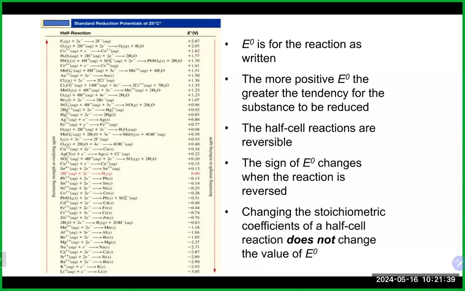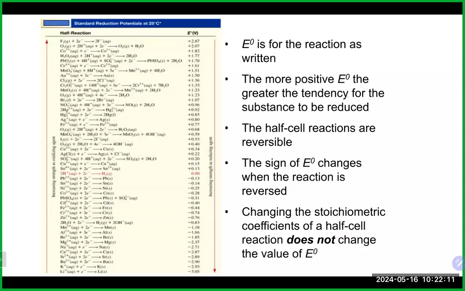The more positive E value that you find on this table, the greater tendency for that substance to be reduced. So sometimes in problems, they frankly don't tell you what's going on. They just say, hey, you built a galvanic cell out of these two things, and you need to figure out what is your anode and what is your cathode in that particular case. The way that you can figure out which one should be your anode and your cathode is that the one that has the more positive E has a greater tendency to be reduced.